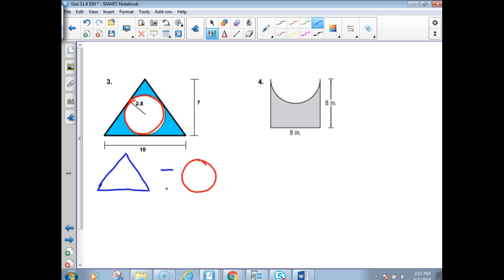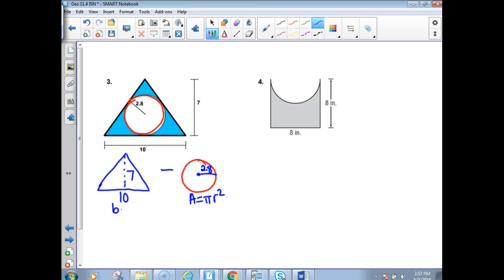So that's an explanation of what we're going to do. The base of the triangle is 10. And what's the height of the triangle? That's the 7. Now it says that the radius of the circle is 2.8. So I'll put that on my circle. Area of a circle is pi r squared.